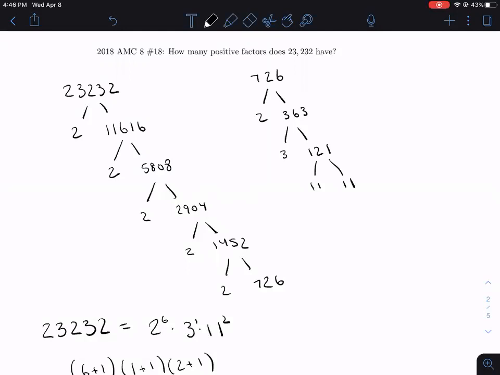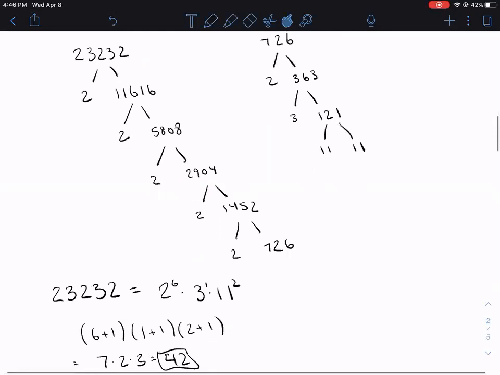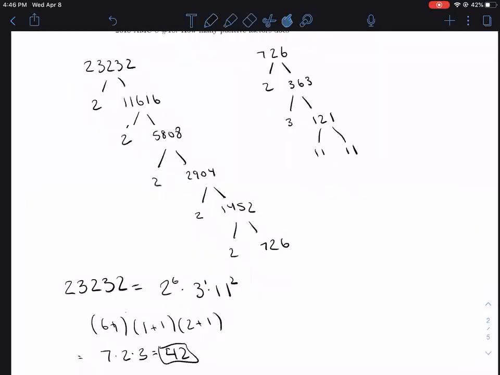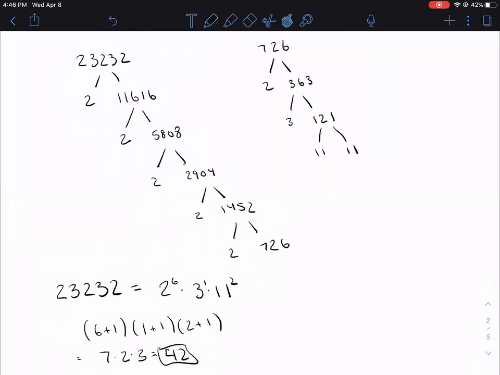In AMC8 you get 40 minutes, and in MathCounts I think you also get 40 minutes, for a lot of questions. So you want to get through the questions as quickly as you can while also being accurate. For this question, the concepts required aren't too difficult, but it could be a really annoying time drain if you mess up a lot.